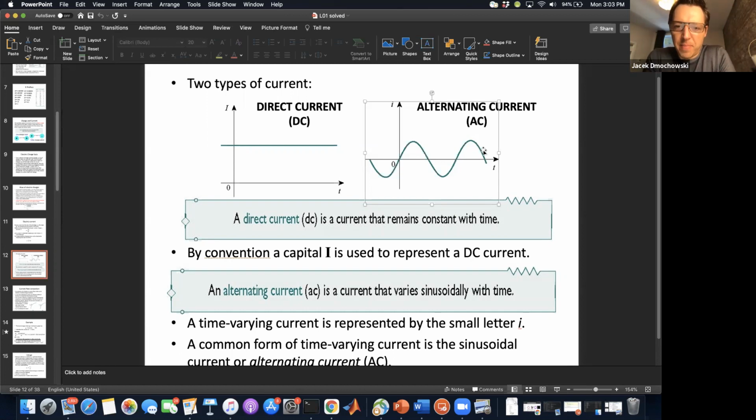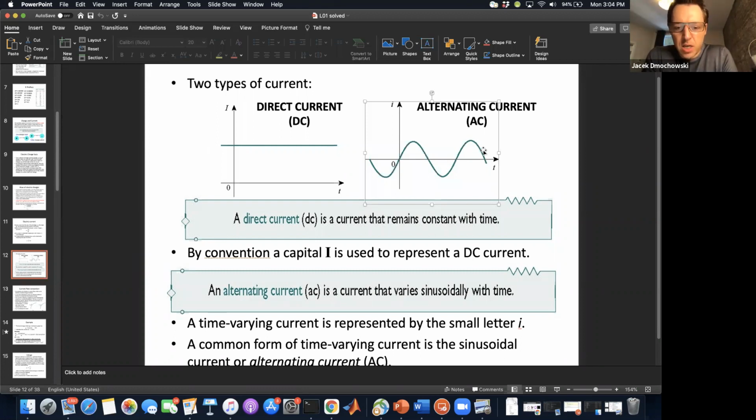No. So it actually depends on where you are located. If you're in Europe, it's 50 hertz, so 50 times per second. And if you're in North America, it's 60 hertz. So that waveform has a frequency of 60 cycles per second. In other words, a cycle is 16 milliseconds long. So it's quite fast, right?